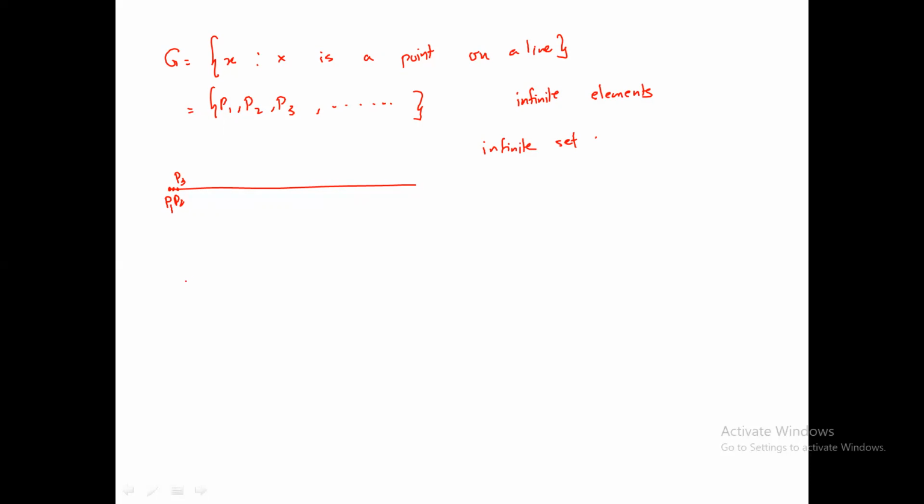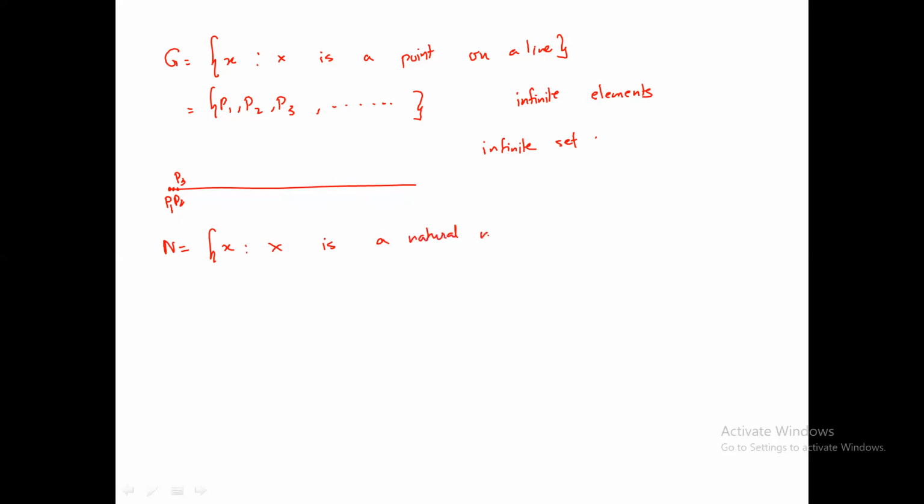Usually infinite sets you cannot write in roster form because you cannot write the complete set in roster form. For example, I will say N is having X such that X is a natural number.